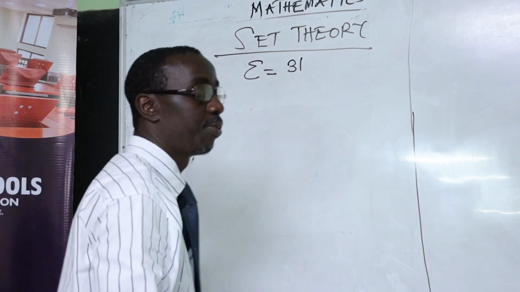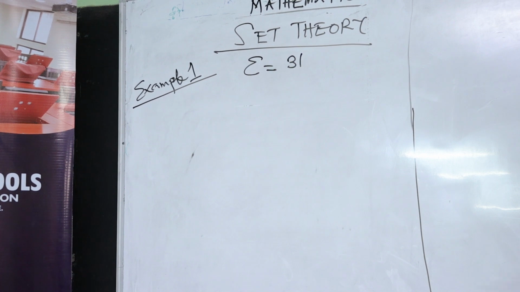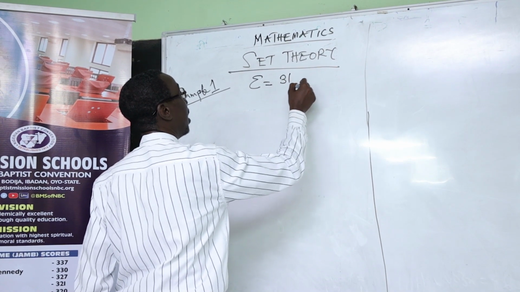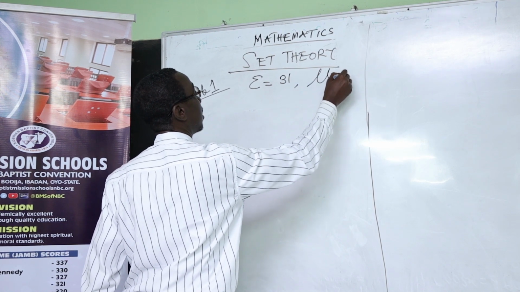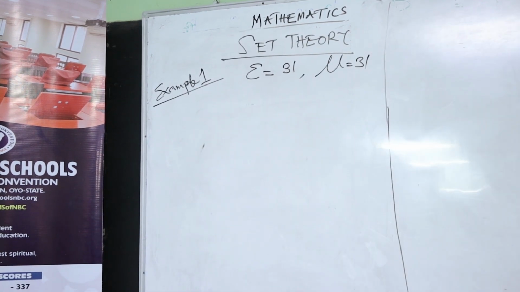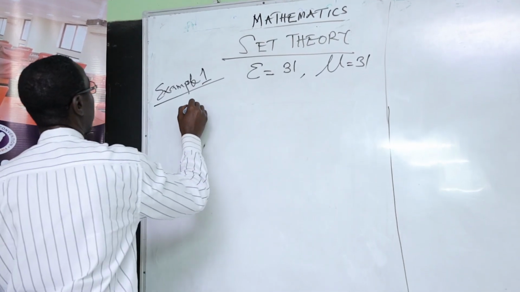Meanwhile, number that play football is what? 16. Universal set can also be written as this, depending on what you prefer. Then, number of football is what? 16.